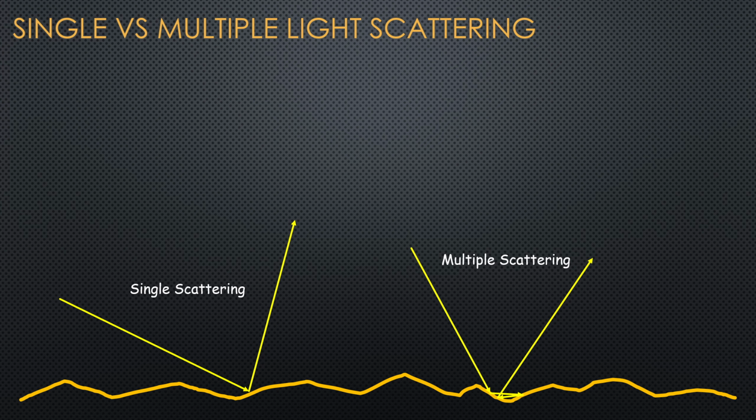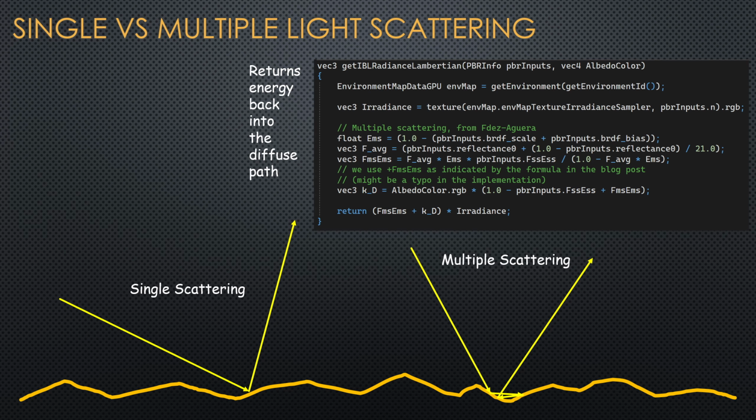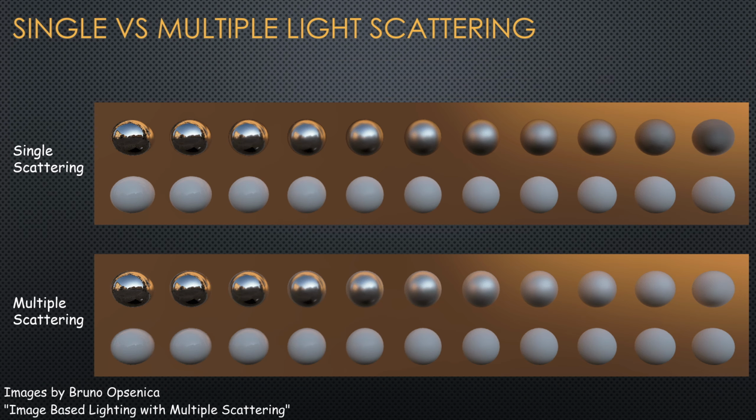This means that we don't assume that light will get lost after a specular bounce. In fact, this function returns some energy back into the diffuse path. It makes the materials more realistic and not unnaturally dim. To summarize, multiple scattering addresses the resilience of light on a bumpy surface.